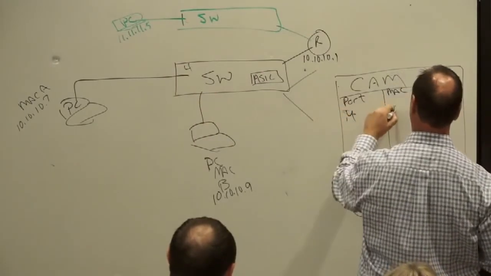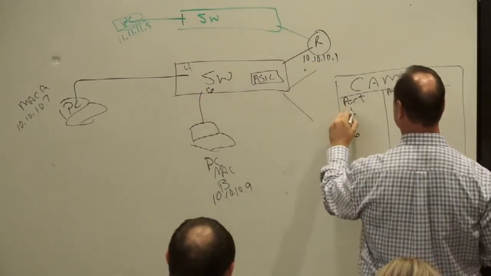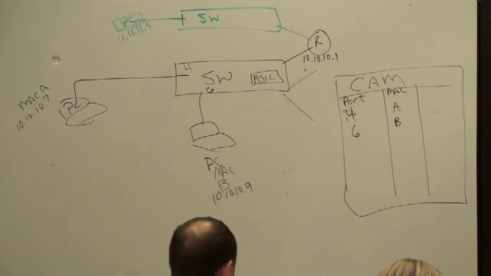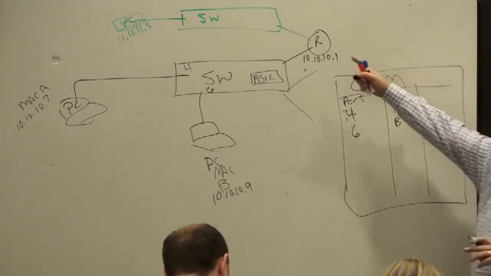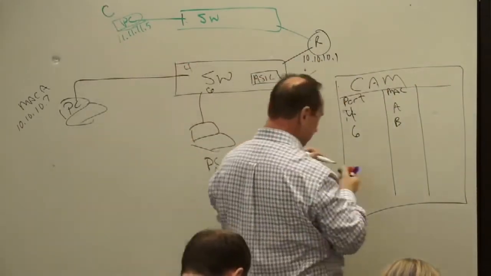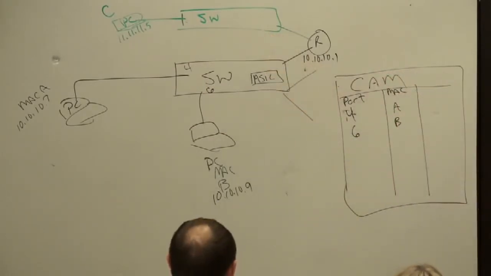Port 4, MAC address A. Let's say this is port 6. On port 6, it sees MAC address B. So all it does is keep up with all that information. This switch up here will see, I guess I better give it a MAC address, MAC address C is going to be in this CAM table. Again, some of these CAM tables can be excessive.